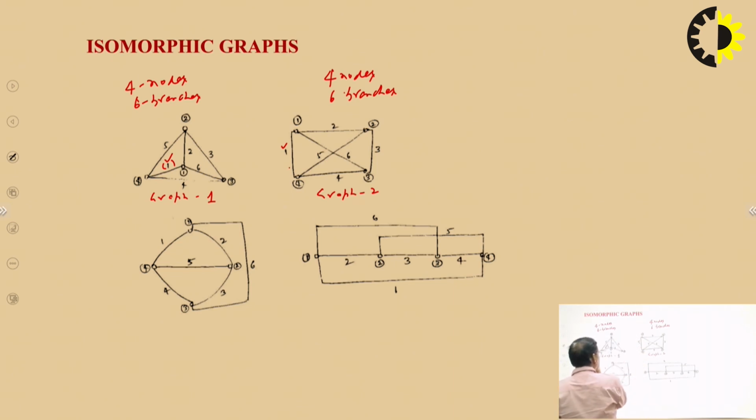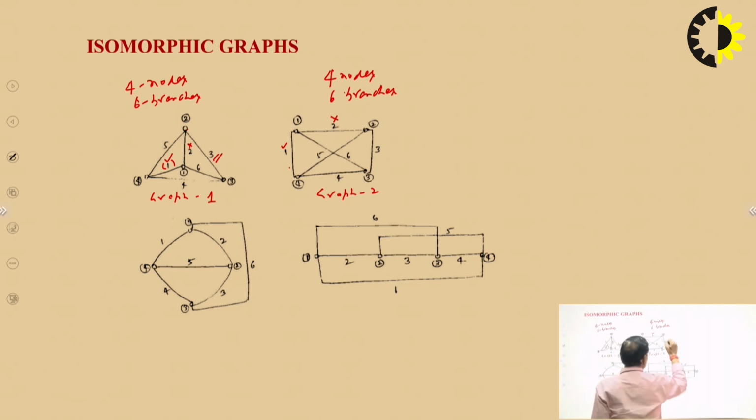Now look at branch number 2. Branch number 2 is between node 1 and 2. Here also branch 2 is between node 1 and 2. Branch 3 is between 2 and 3.